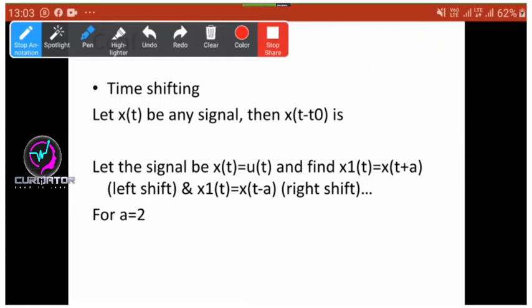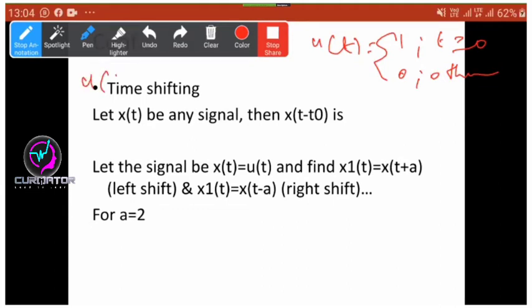For example, let us take our favorite unit step signal for this example. u of t is equal to 1 for t greater than or equal to 0, 0 otherwise. Let me take u of t plus 5 here.